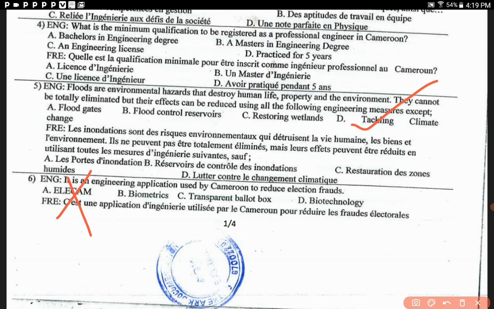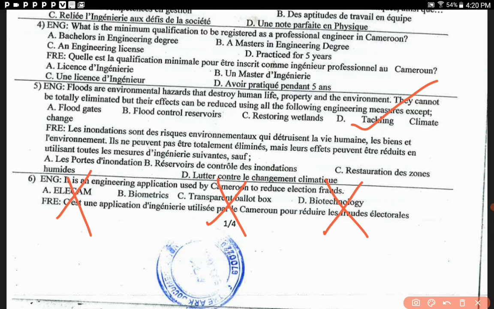not an application. The next is transparent ballot box. The transparent ballot box is not an application, neither is biotechnology an application.